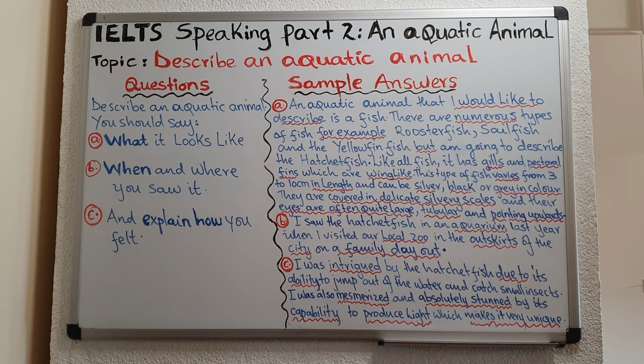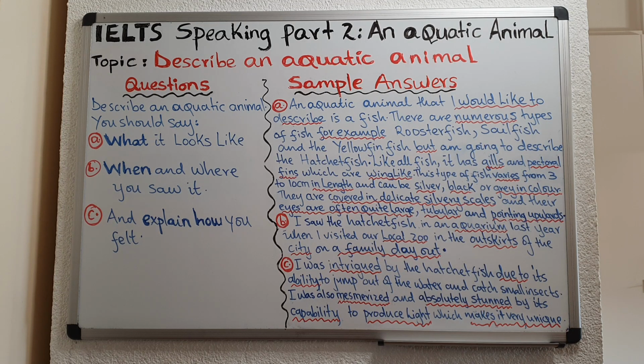I said it varies from 3 to 10 centimeters. And then I talked about the colors. It can be silver, black, or gray in color. And then I carried on and talked about the fact that they are covered in delicate silvery scales. And their eyes are often quite large, tubular, and pointing upwards.